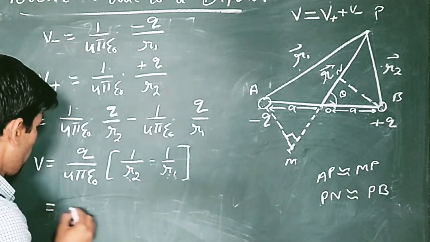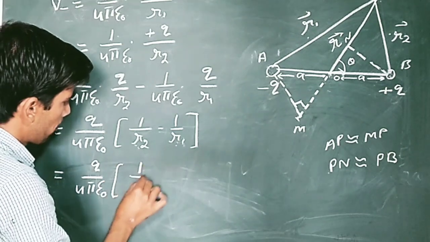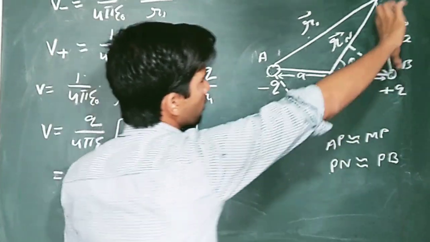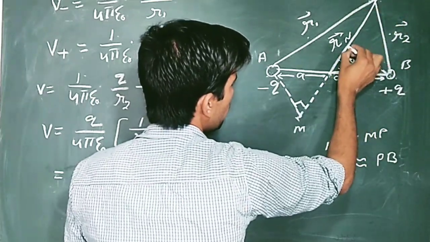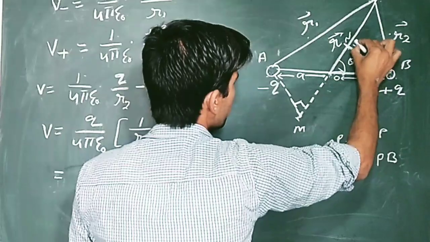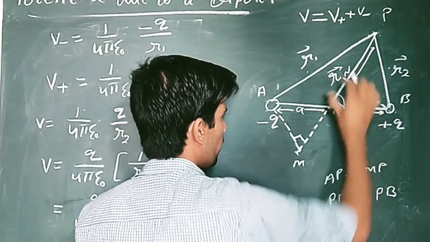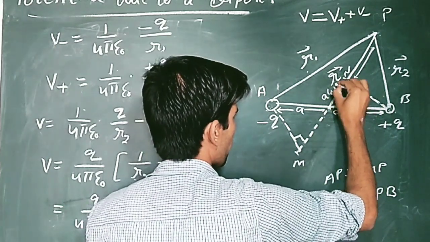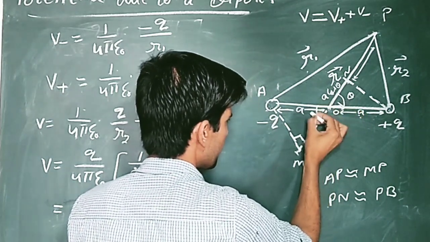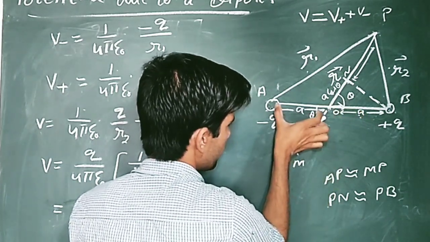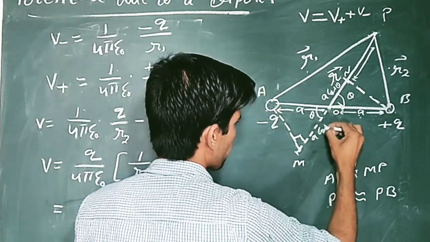Now q divided by 4 pi epsilon naught, 1 by r2. r2 is this P to B, which is also equal to P to N. Now if this is a, and this is angle theta, and this is also angle theta, then the component of a in this direction is a cos theta.